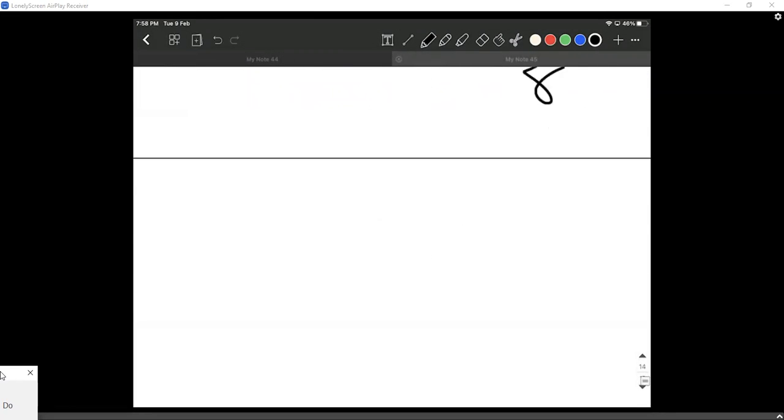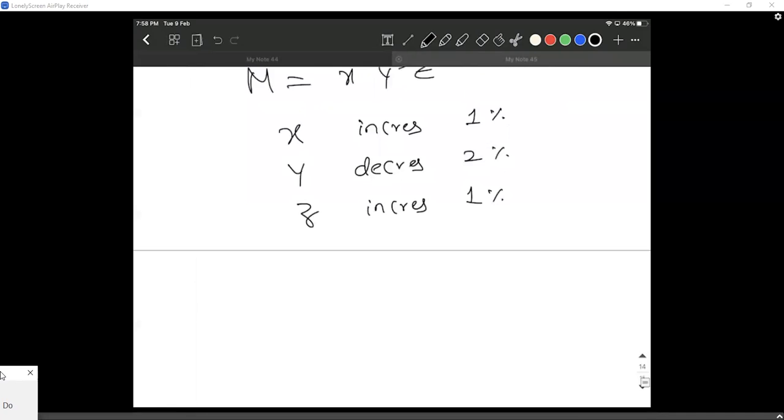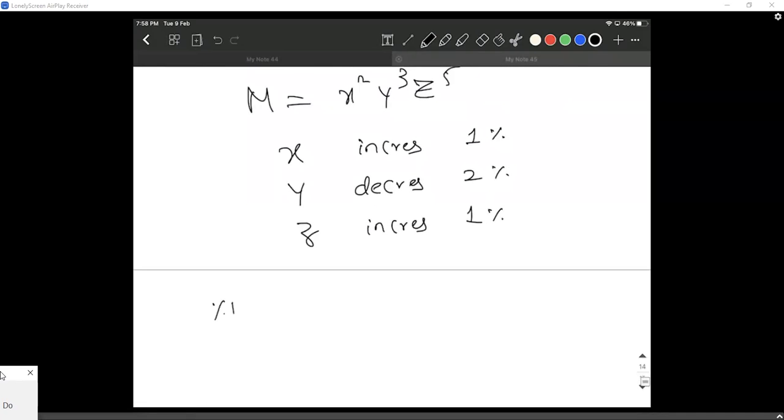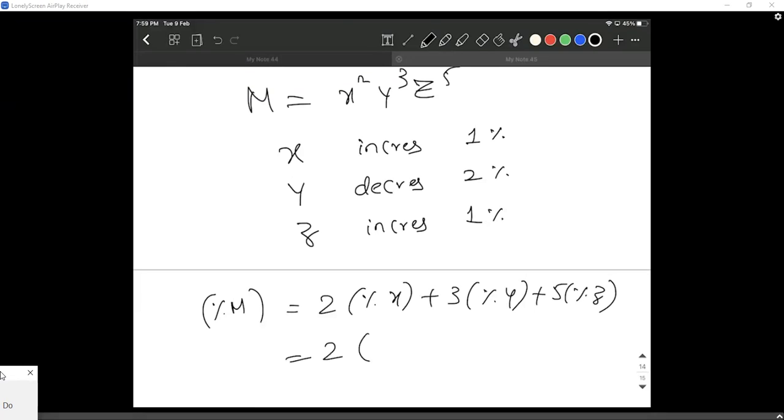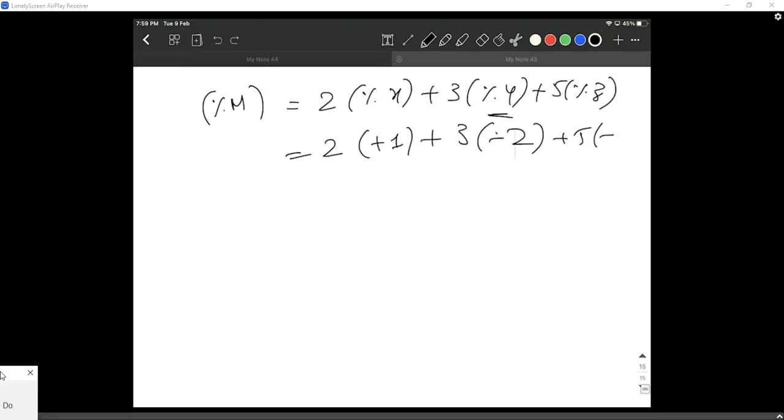So first of all, percentage change in m equals 2 into percentage change in x plus 3 into percentage change in y plus 5 into percentage change in z. Let me write it properly.